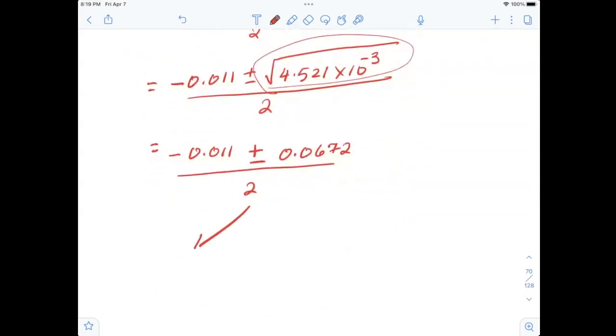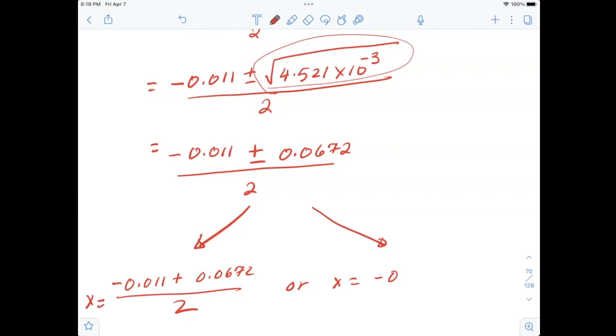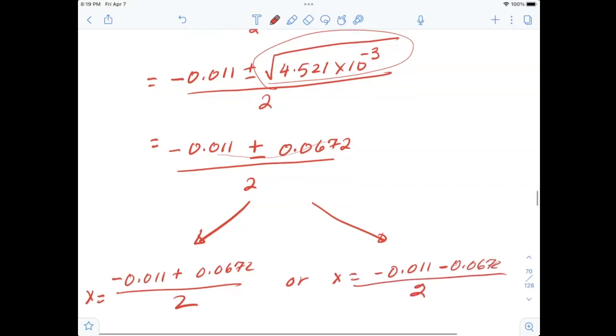Okay, so this is where you split this into two parts, right? One part is going to be negative 0.011 plus 0.0672 over 2. This is one possible value of x. The other possible value of x is going to be negative 0.011 minus 0.0672 over 2.